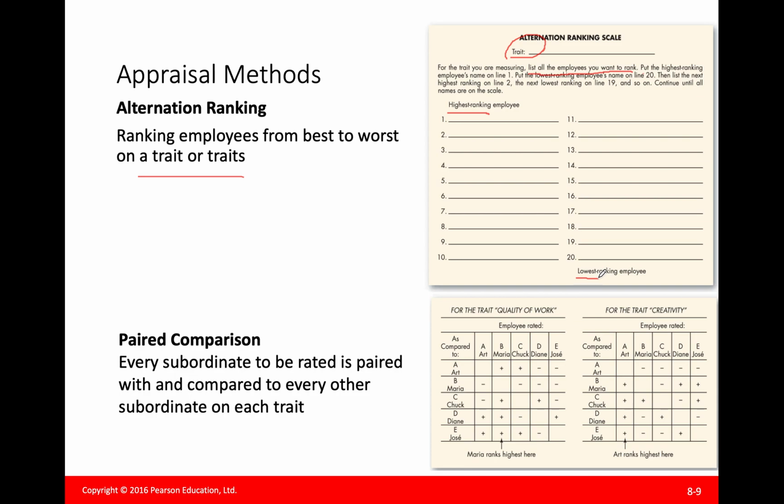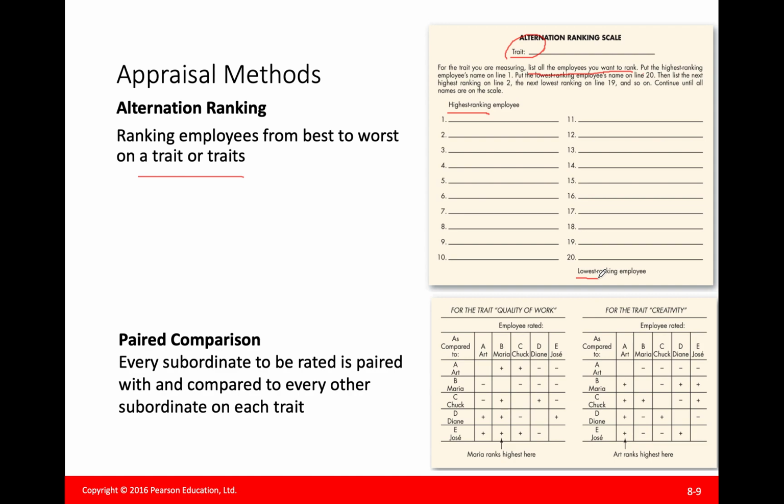For example, we have 10 people in the team whose performance we will evaluate. If we use alternation ranking, it means we have to rank those 10 people from 1 to 10. Who is number 1? Who is number 10? Who is the best person? Who is the worst person?